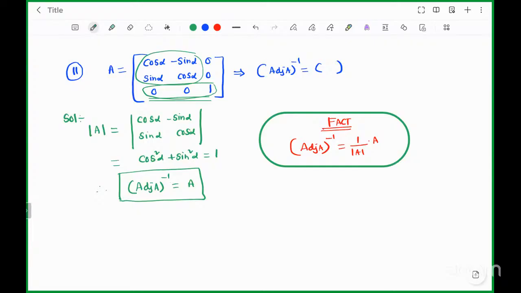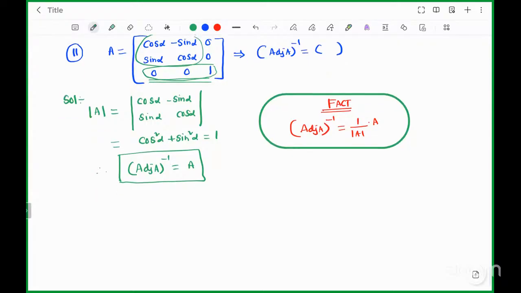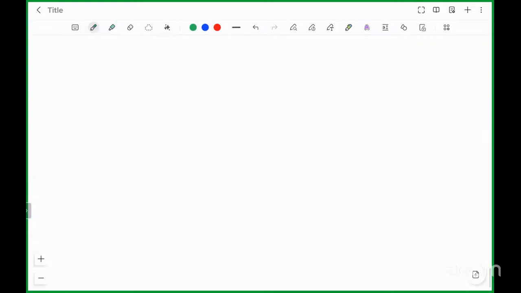Let us move to next one. So now the 12th one.